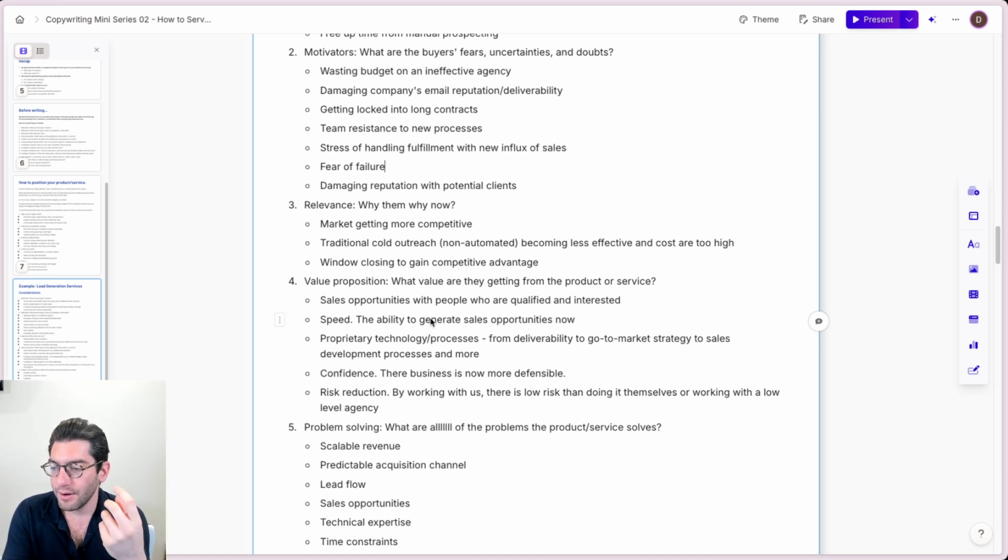Confidence. When you don't know how to do something, think about it this way. Imagine if a family member, your spouse, let's say, needed surgery. Okay, you could maybe do it yourself. Let's say a family member needs stitches. That's a very simple procedure, to be honest.